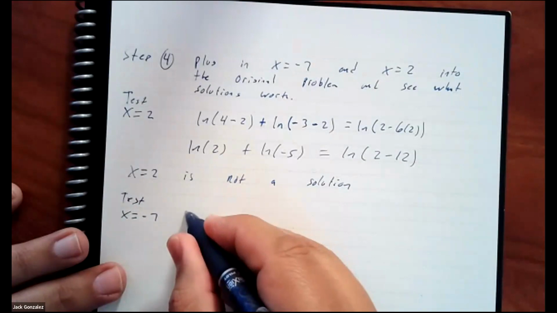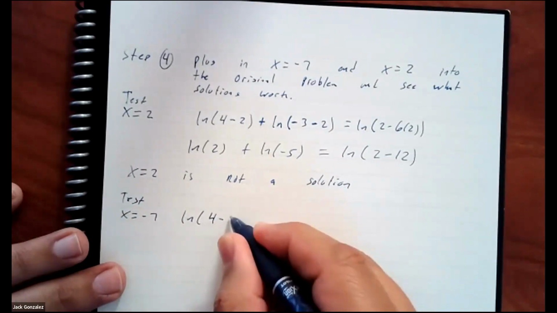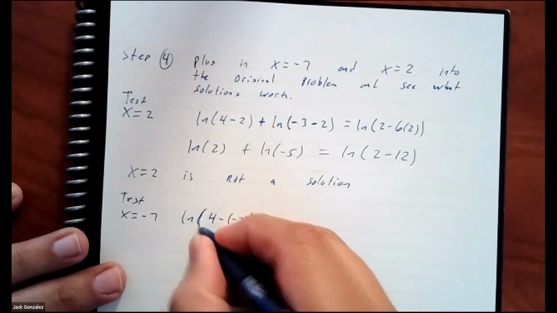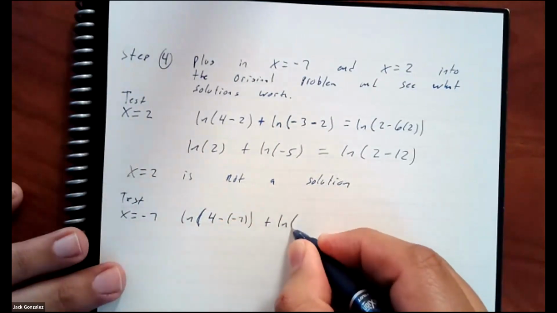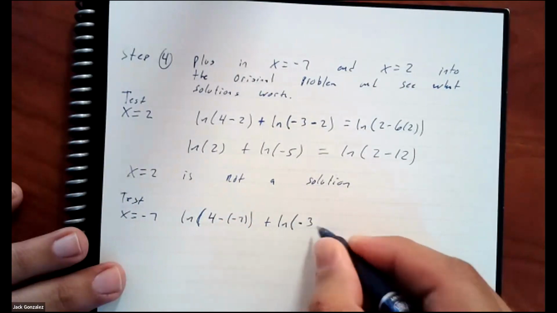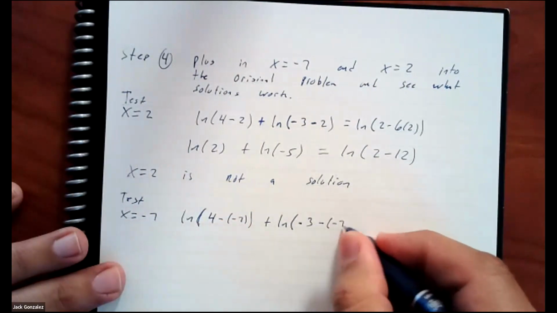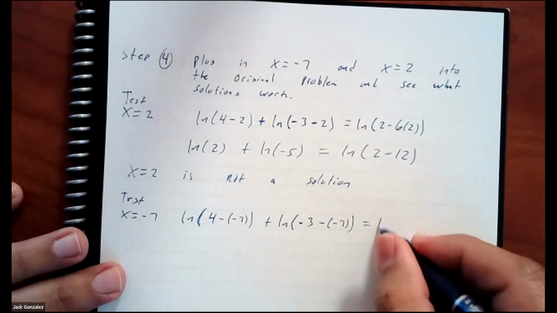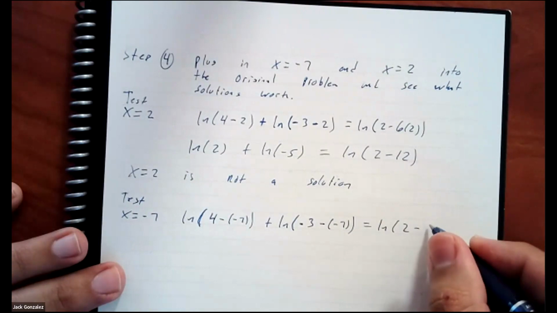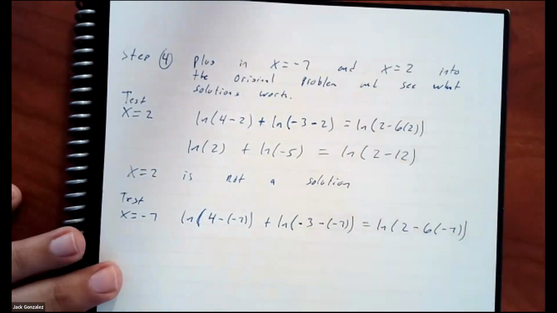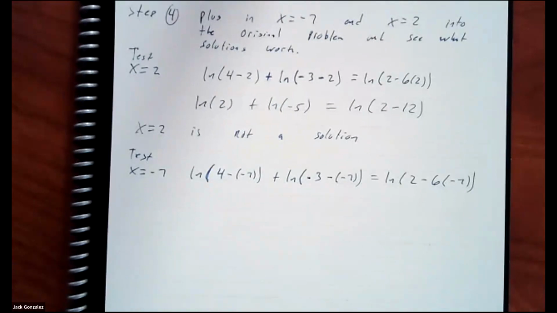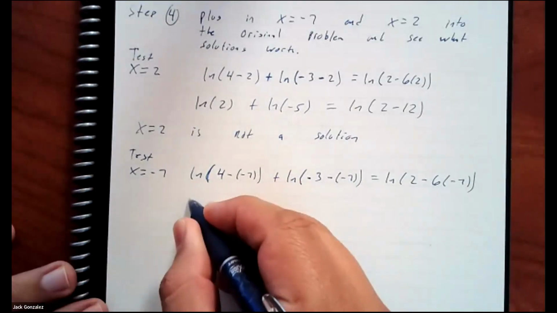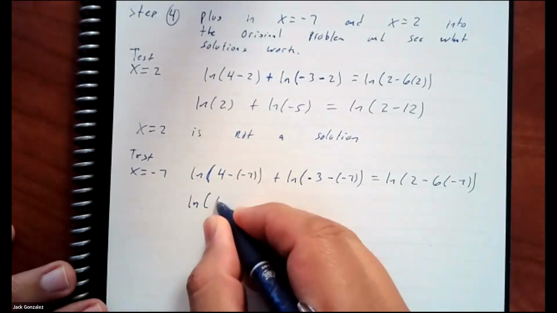Now -7 will be ln of 4 minus -7 plus ln of -3 minus -7 equals ln of 2 minus 6 times -7. So this will be ln of 4 plus 7.